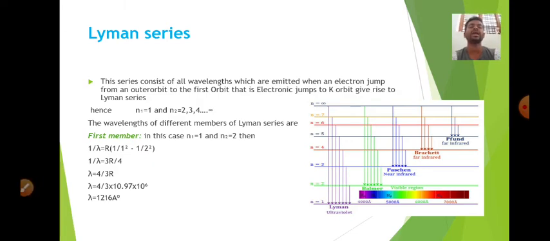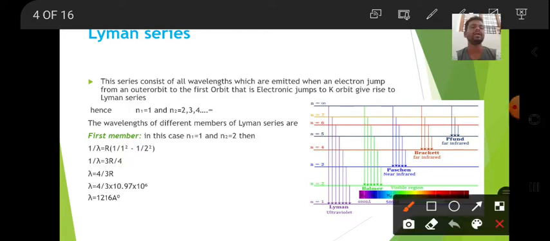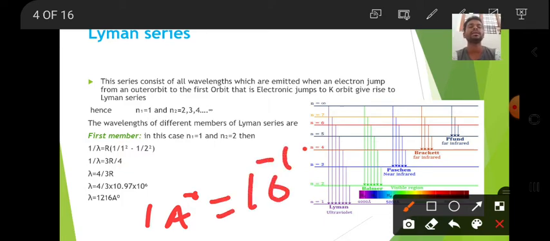Here, how much is 1 angstrom? 1 angstrom is equal to 10 to the power minus 10 meter. So by calculating this, we get this one.